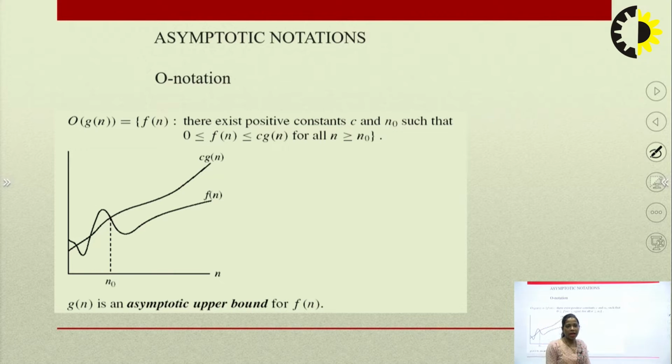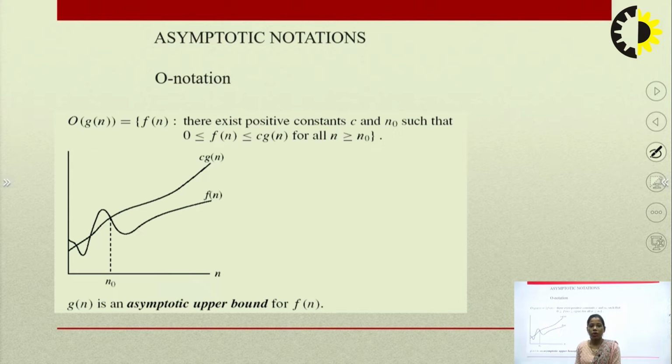It is defined as big O of g(n) is equal to f(n) if there exists a positive constant c and n naught such that f(n) lies between 0 and c g(n) for all values of n greater than or equal to n naught. In the diagram, you can also see the c g(n) function is an upper bound to the function f(n) when n is greater than n naught.